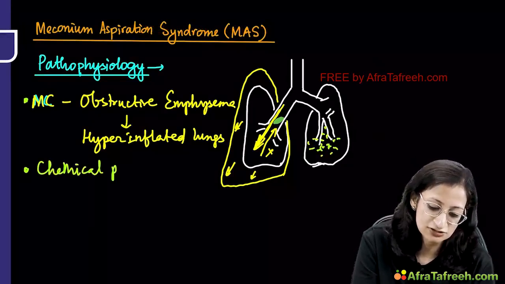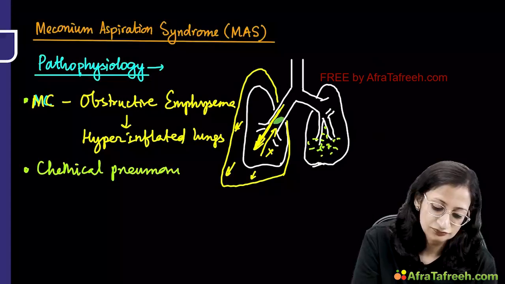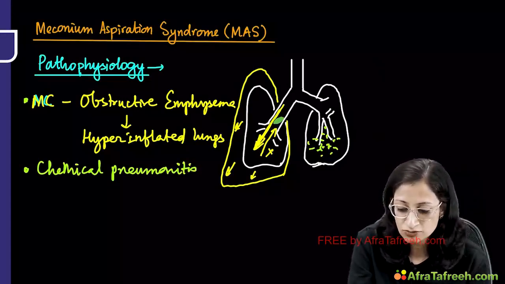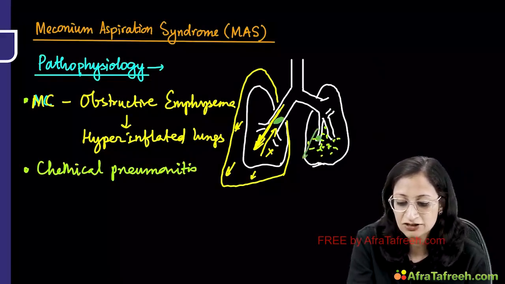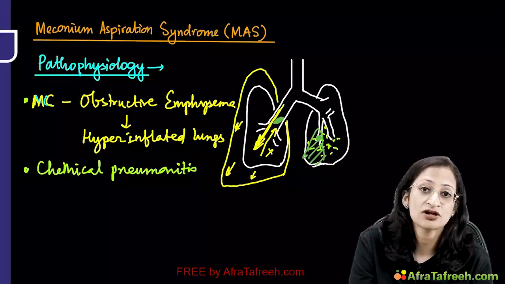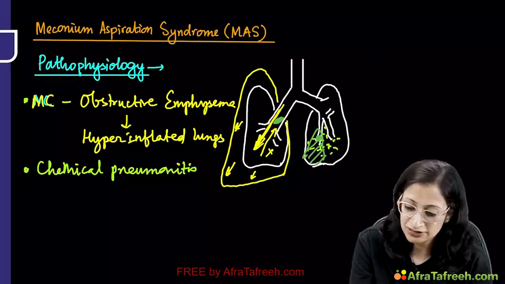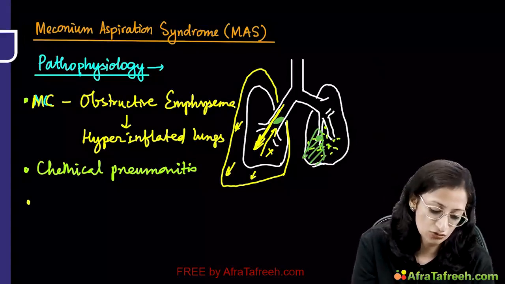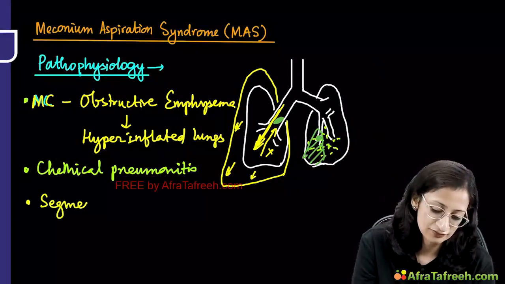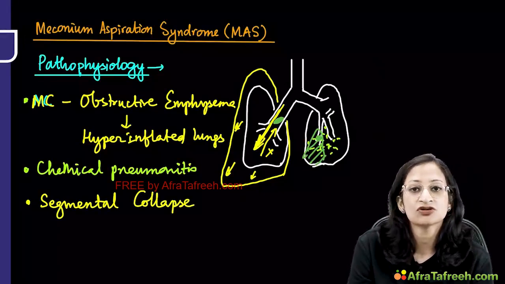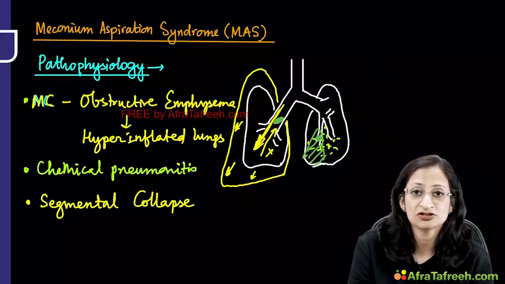Plus, this meconium sometimes can block the smaller airways completely, leading to collapse of that segment of the lung. So complete blockage of the smaller airways can give rise to segmental collapse or atelectasis. So that is the pathophysiology that happens in meconium aspiration syndrome.